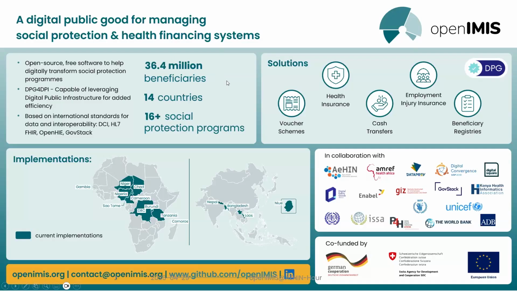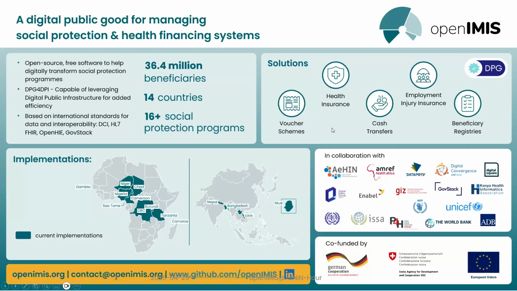I think we are higher than that by now, and I think someone even floated a number of something like 50 million. So don't nail me down on the 3.6. This is changing constantly. As you can see, mainly in Africa and Asia. There's an installation somewhere on the dateline in Niue as well.